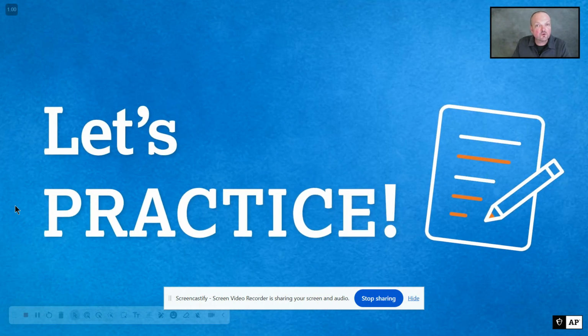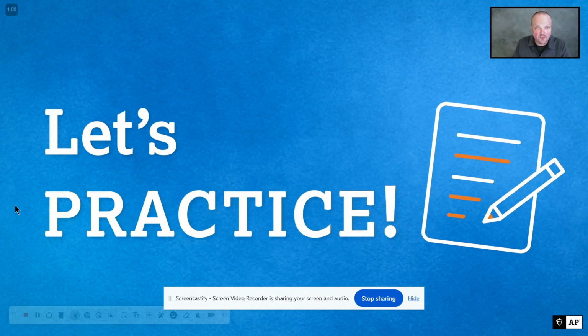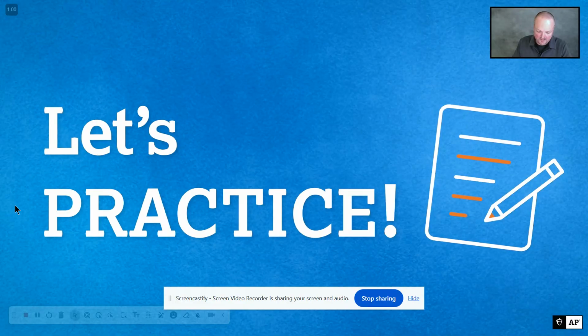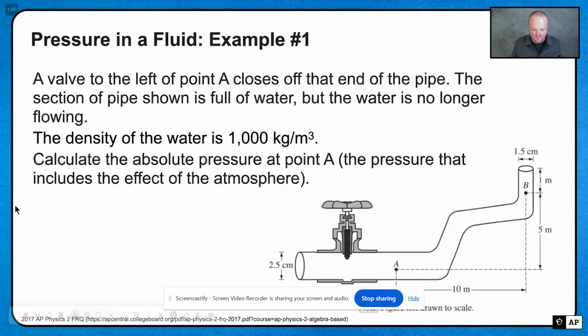So we're going to do two quick practice problems now that we know the equation for pressure. Our first practice problem is going to be investigating the fluid inside of a closed pipe. The picture you see is a closed pipe, and the valve is going to close off the end of the pipe, but the pipe is still going to be filled with water, which we know has a density of 1,000 kilograms per cubic meter.